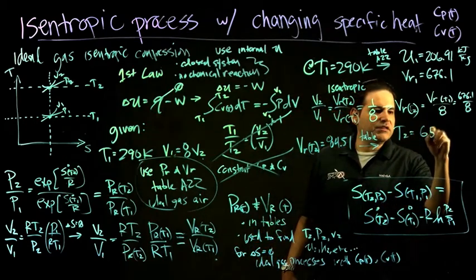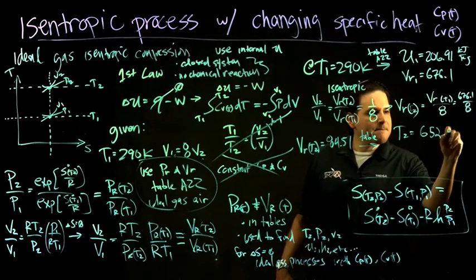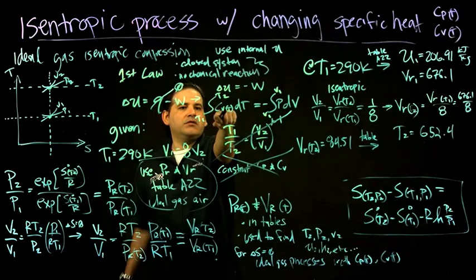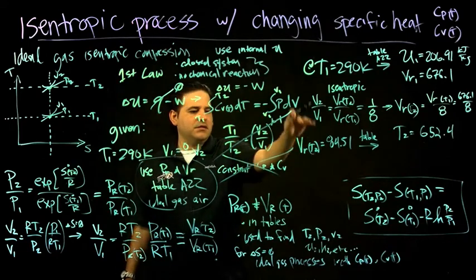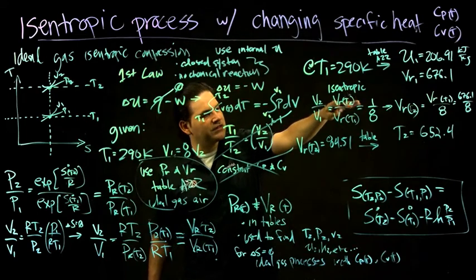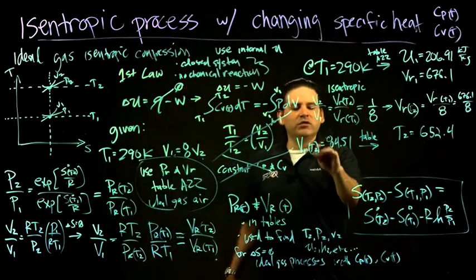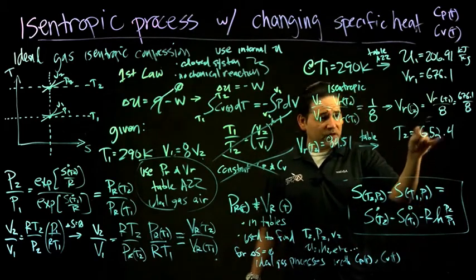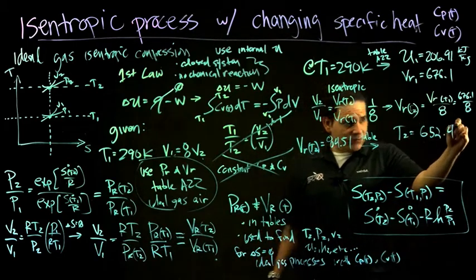That's how we find T2. So we didn't do this integral directly. We used the isentropic assumption to relate these relative volumes. And then once we knew the relative volume at the end, we can link that to the final state, which is given by the table.